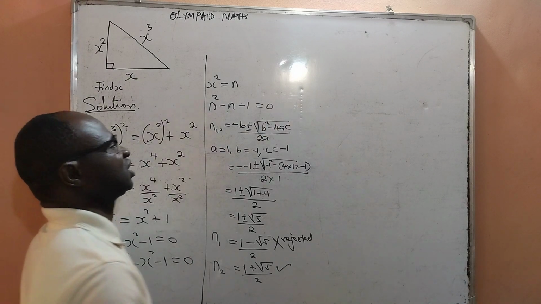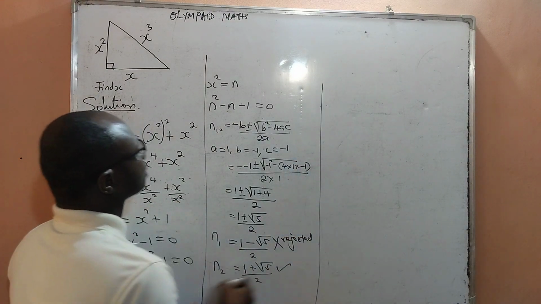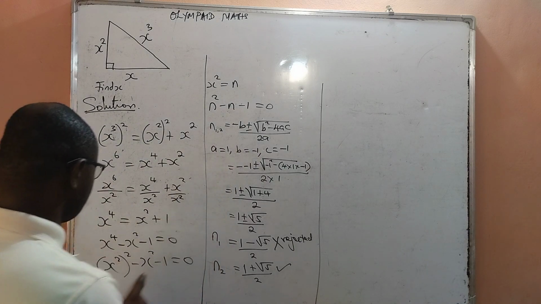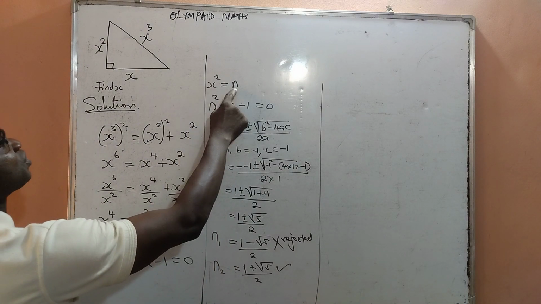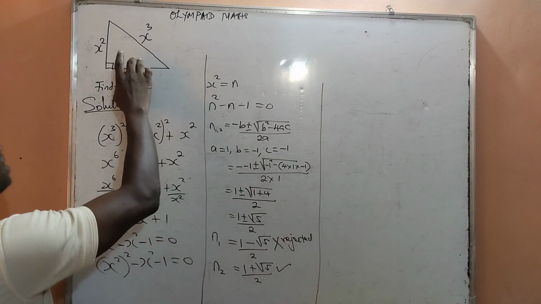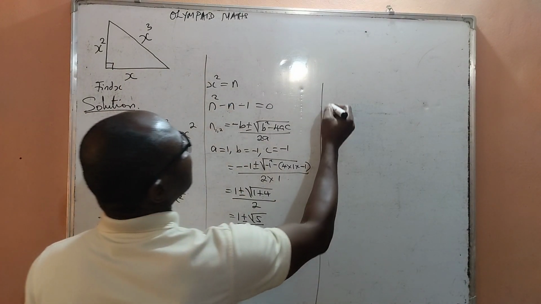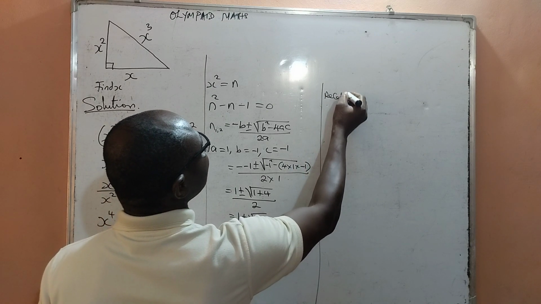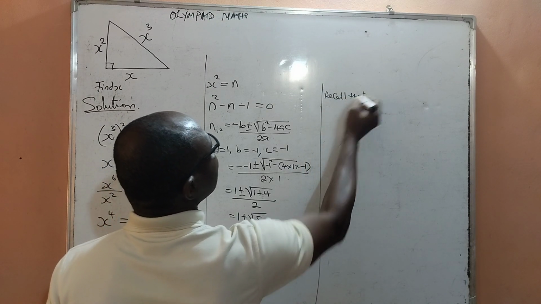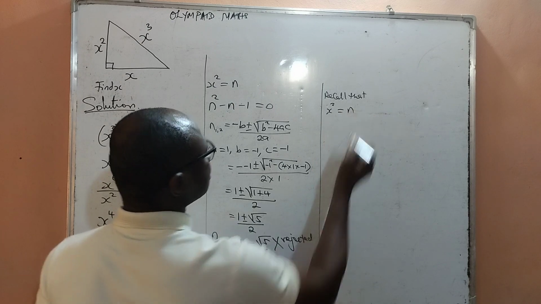And working with this, it implies, because we said let x raised to the power 2 equal n, that we are looking for x here, not actually n. Recall that x squared is equal to n.